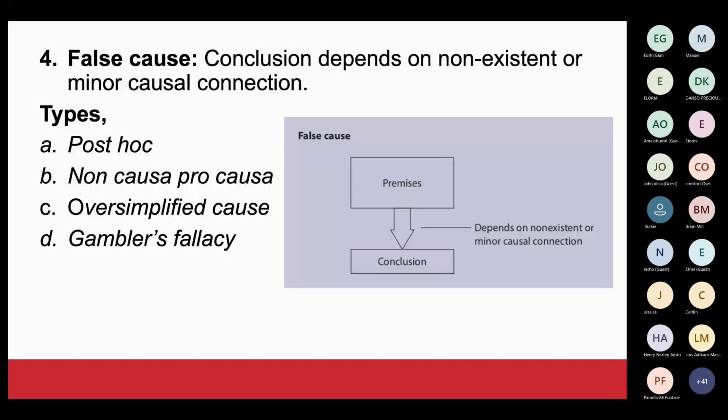When you are trying to draw a relationship between two things, and then the relationship you are drawing doesn't exist, no connection exists between that, we say it is a false cause. And we have 4 types. We have the post hoc, we have non causa pro causa, which is a very popular fallacy in law. Then we have oversimplified cause and the gambler's fallacies.